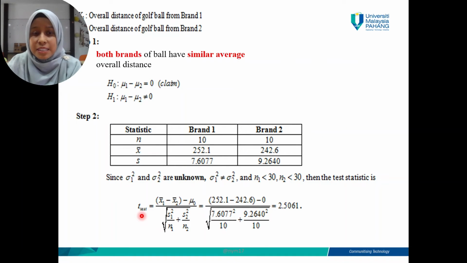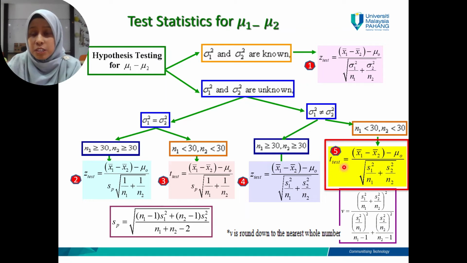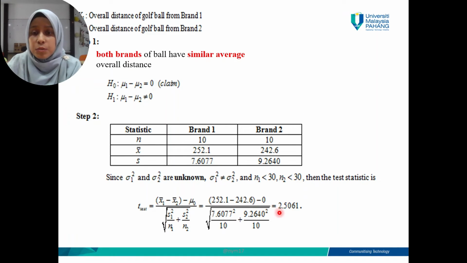The notation for your test statistic in this case is t-test. So t-test equals 2.5061. Why don't you just pause this video and try to calculate this? The formula is a bit complicated but not too hard. I'm sure you can get this. So 2.5061 is the test statistic value.